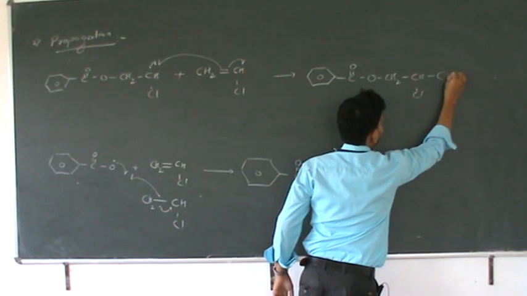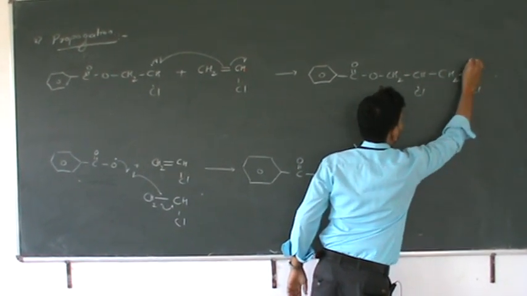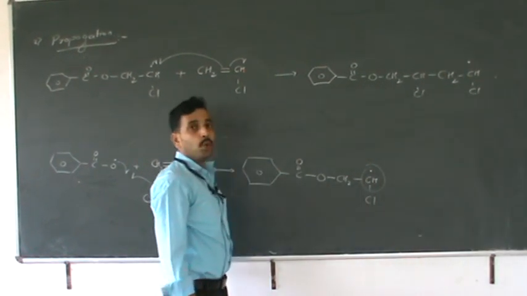CHCl, CH2, CHCl radical at the end of the monomer side.